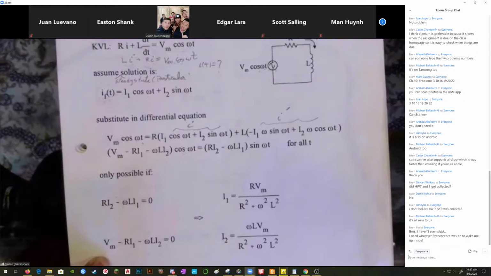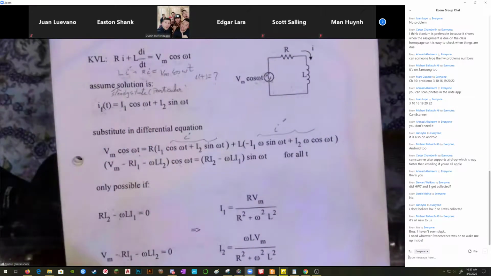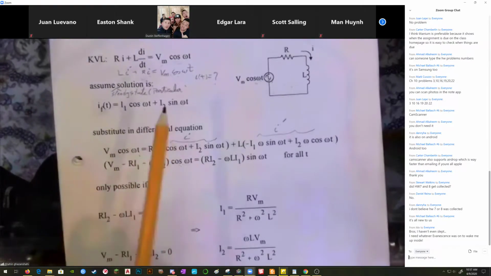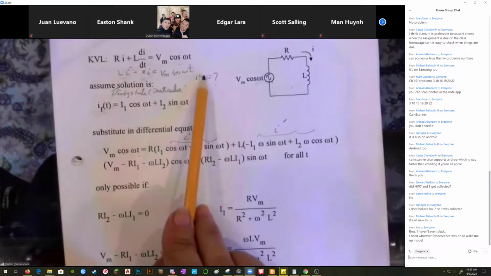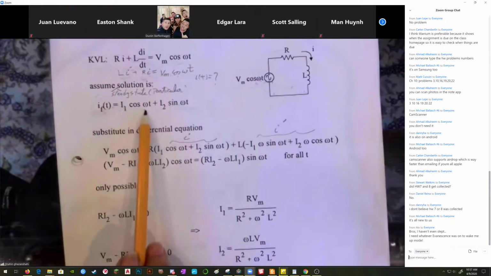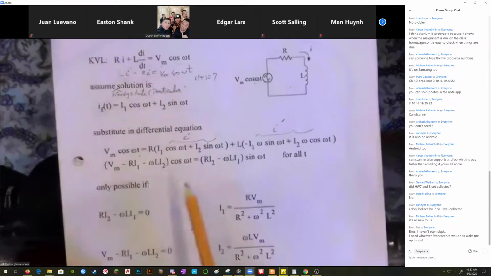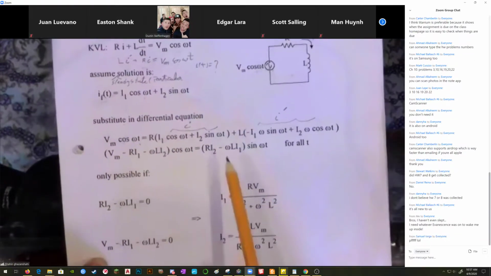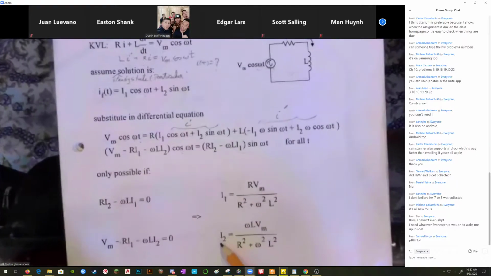So this is the procedure. You don't need to really go through all this, okay? Because it is impossible to do this kind of thing in general. Just for a proof, we do it. So you apply KVL, you have a differential equation. You assume the steady state solution. You substitute this in the differential equation. And with some matrix, we find I1 and I2.